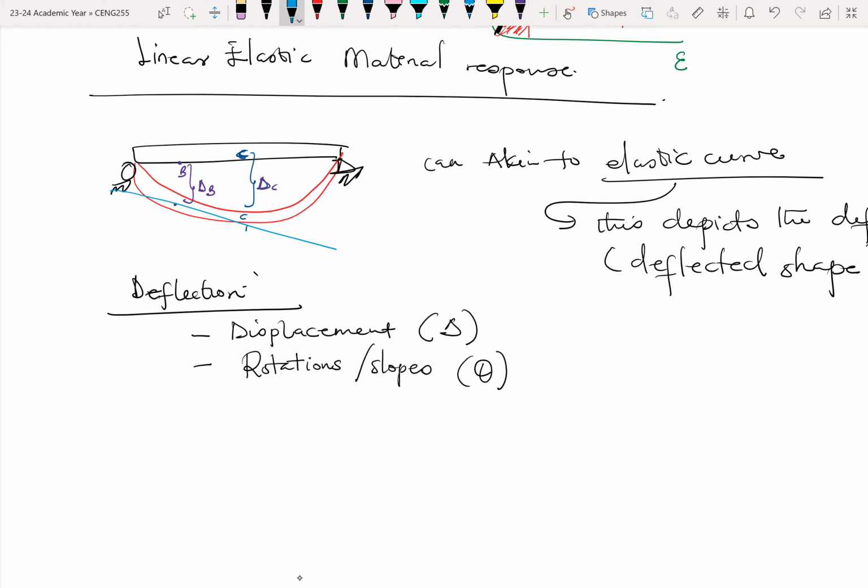And this rotation is the angle of the tangent. So this is a tangent at B. So this is B at its current position. So the tangent at B, the angle that tangent makes with the horizontal becomes the slope. Okay.